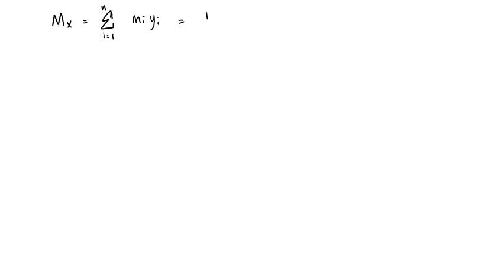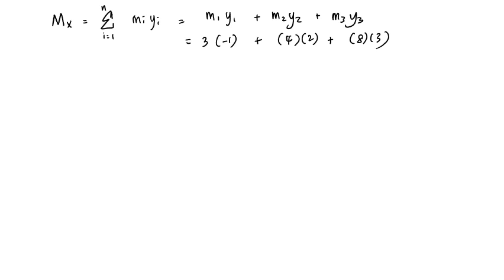So in this case, m1 times y1 plus m2 times y2 plus m3 times y3. So that will give you 3 times negative 1 plus 4 times 2 plus 8 times 3.